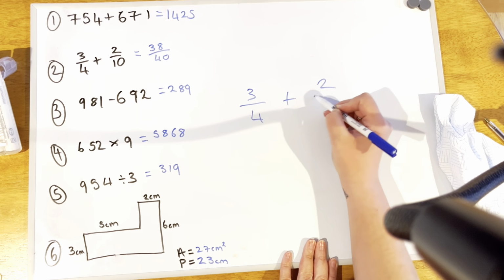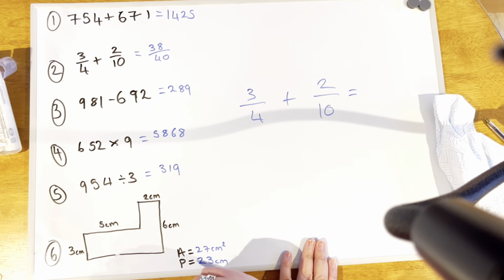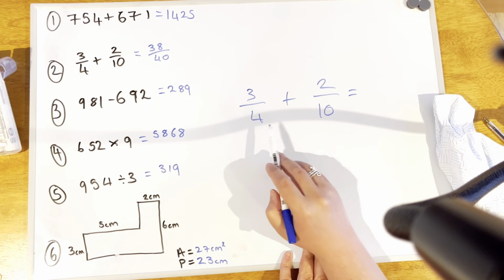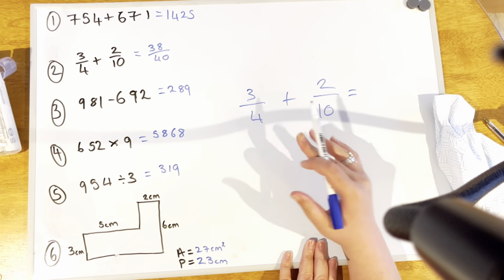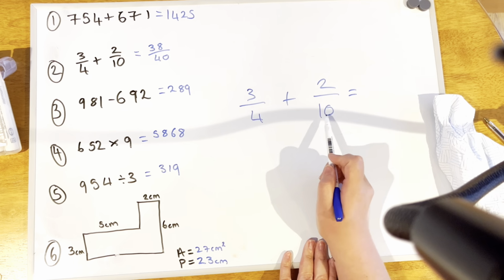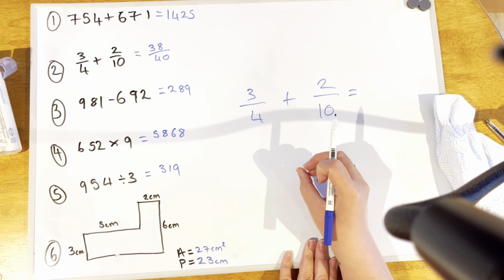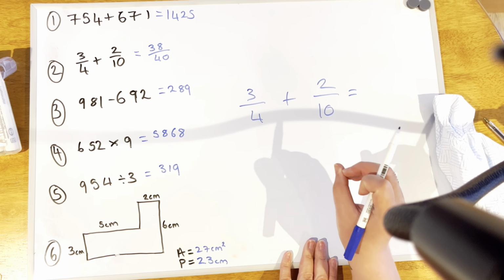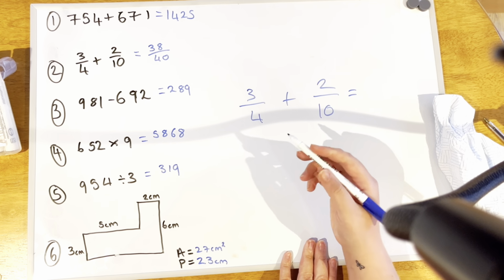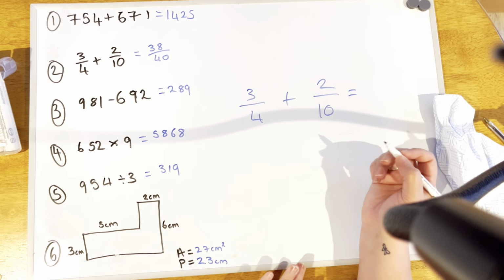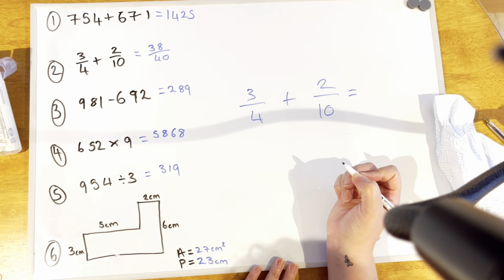Okay, let's have a look at number 2. 3/4 plus 2/10 is equal to what? Okay, so what I want to do to make it really nice and easy is make my denominators the same. So to do that, I need to find my lowest common denominator. To do this, I write out my times tables, okay?